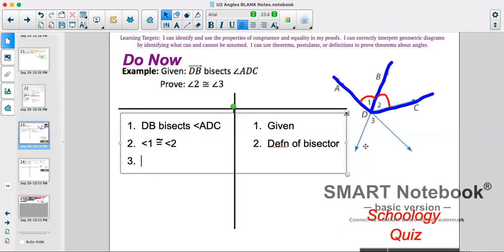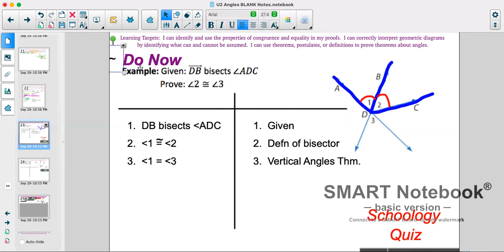Then you would have to say angle 1 is congruent to angle 3 by the vertical angles theorem. I'm going to go straight to that step. I'm going to say angle 1 is congruent to angle 3. And how am I able to say that? I can say that because of the vertical angles theorem.